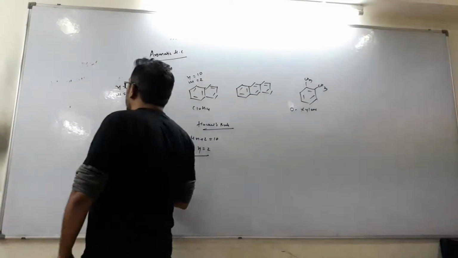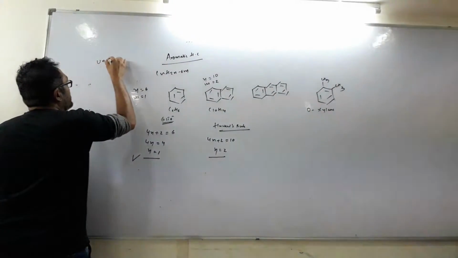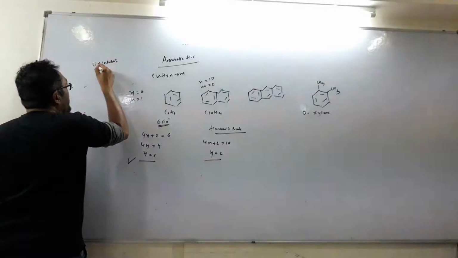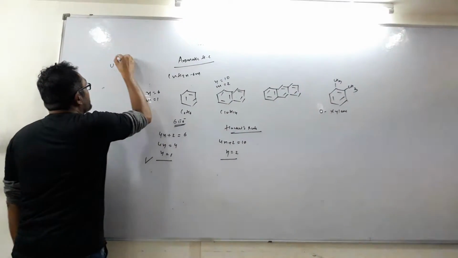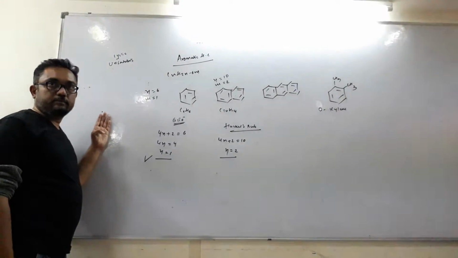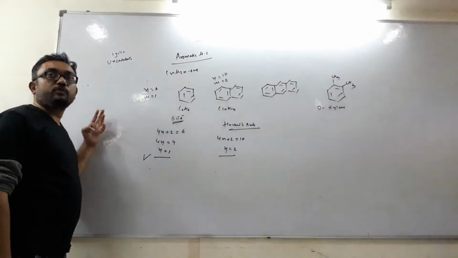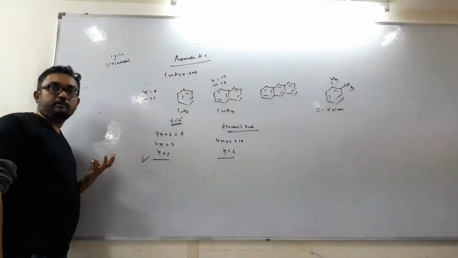What are the other points about aromatic compounds? Aromatics are unsaturated compounds. They have pi bonds. They are cyclic, unsaturated. You know, they burn with a sooty flame. They have a specific aroma order.